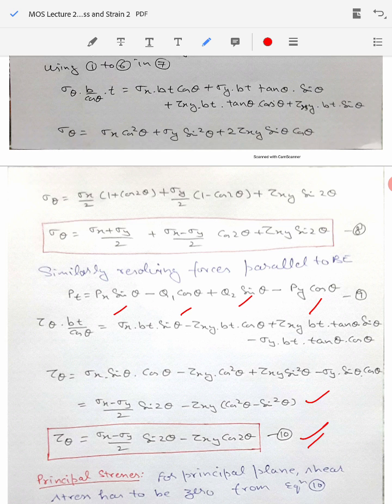So finally equation 10 will give us the amount of shear stress, or the stress acting parallel to the inclined plane, in terms of the applied stresses sigma x, sigma y and tau xy.